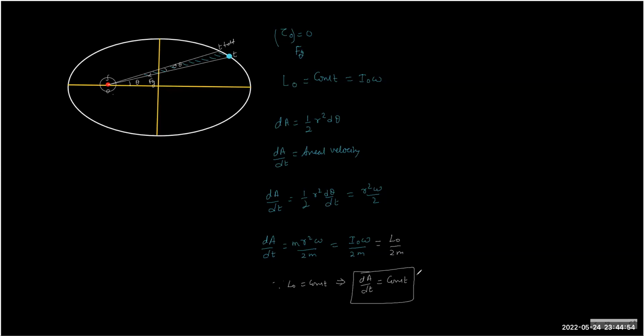Yes, sir. Any doubt in this? No, sir. Correct. So dA by dt turns out to be L naught by 2m, and therefore we can also write dt equals how much?